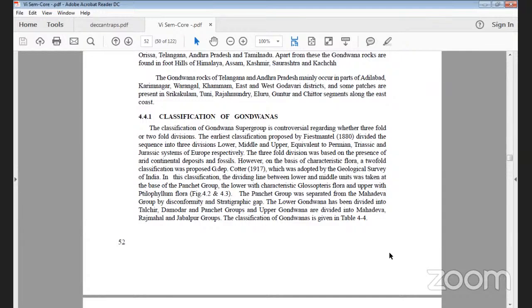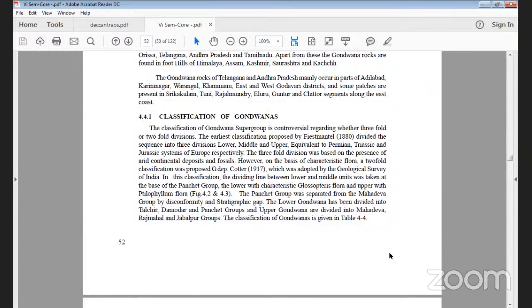In this classification, the dividing line between the lower and upper units was taken at the Panchet group, with the lower one having Glossopteris flora and the upper one Ptilophyllum flora. The Panchet group was separated from the Mahadeva group, with a disconformity and stratigraphic gap formed between the Panchet group and the Mahadeva group.